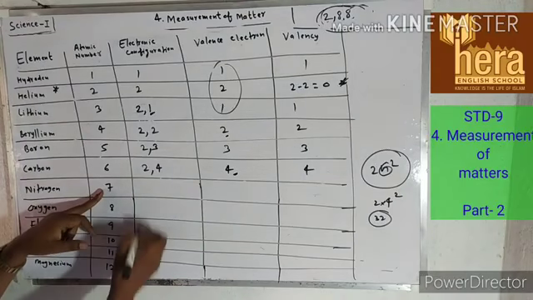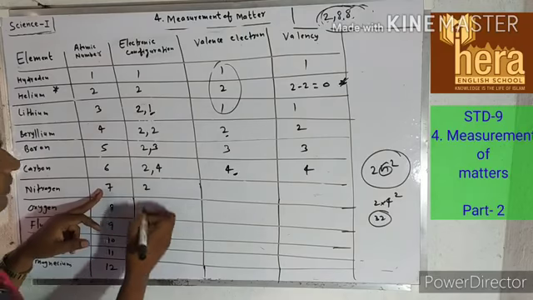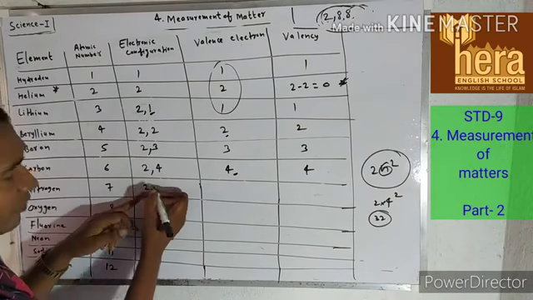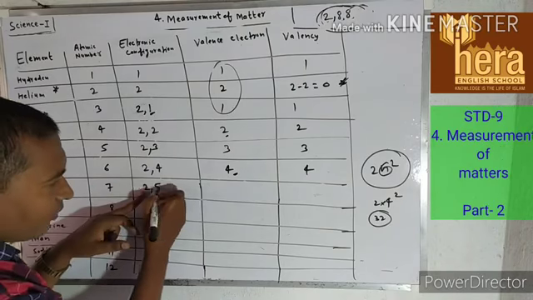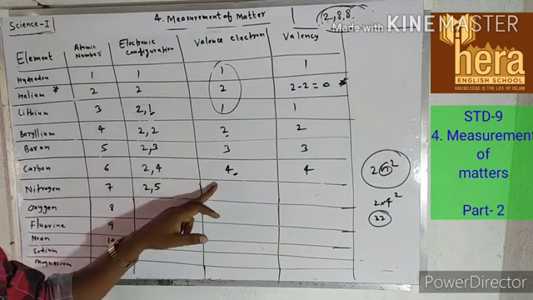Nitrogen, atomic number 7. In first orbit 2 electrons, second orbit 5 electrons. Valence electron is 5.